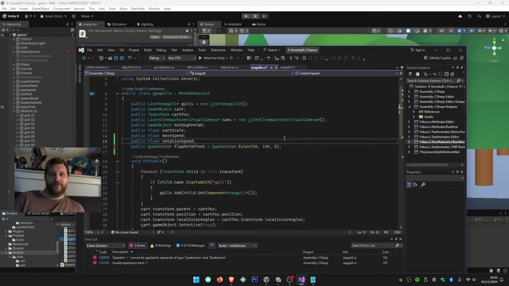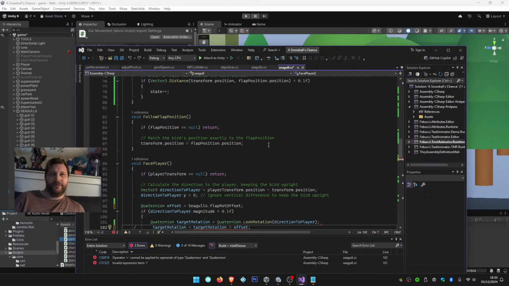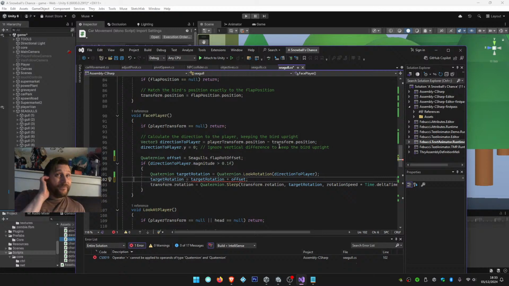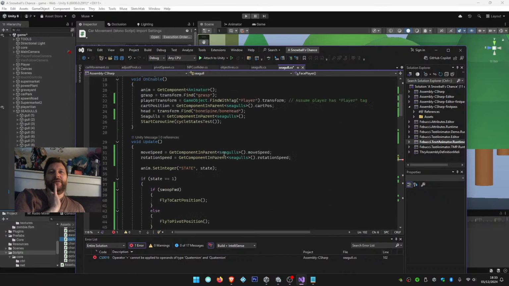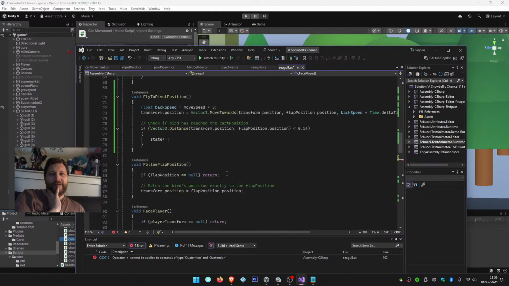Huh. That's weird. Right. Now it still says... So maybe I need to construct it. Yeah, but in here it's not a new quaternion, is it? We don't declare it here, we declare it here.